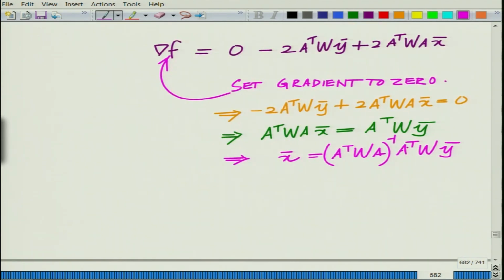So, this is the weighted least square solution, and we can call this x hat, because this is the x hat which minimizes the cost.